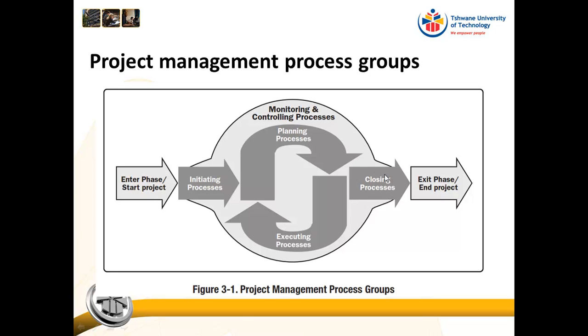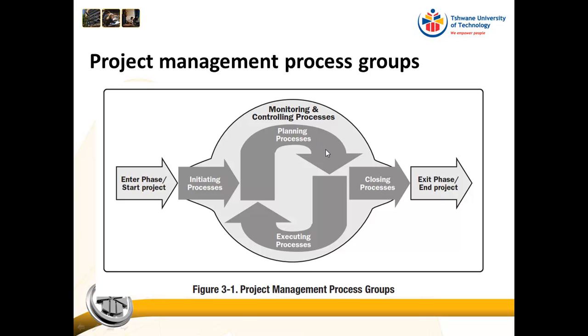So you can see that there is also an overlap between the different processes, because we can't initiate the project, which is basically where we decide what it is that we want to do at a high level, and we write that into the project charter, and not also have some form of monitoring and controlling process happening.